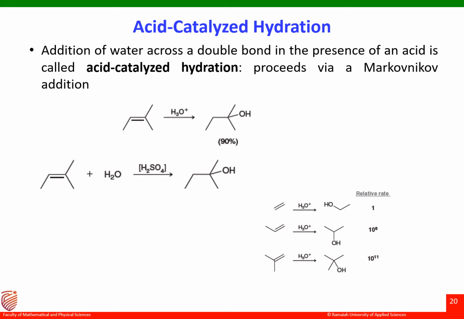This process is called hydration. Why am I saying acid catalyzed hydration? That means I am going to use a catalytic amount of acid to carry out this addition reaction. That's why the term acid catalyzed hydration. So basically I am adding a water molecule across a double bond in the presence of a catalytic amount of acid.